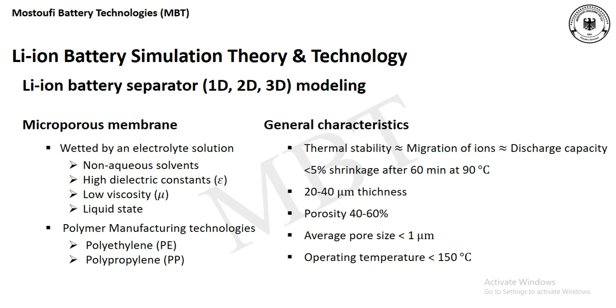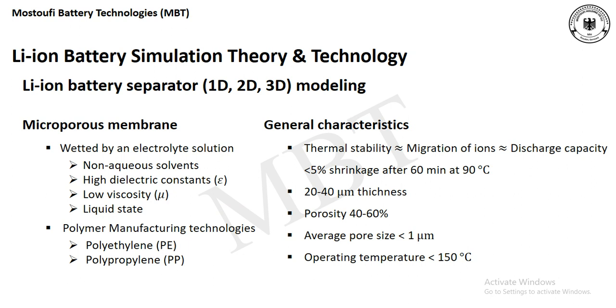A separator has different general characteristics that you should keep in mind when you are simulating a separator. The most important ones are thermal stability, which provides and guarantees the migration of ions between the electrodes, and this could result in a reasonable discharge capacity for the battery.